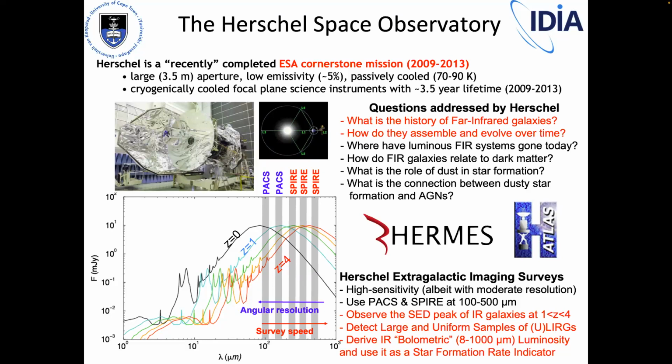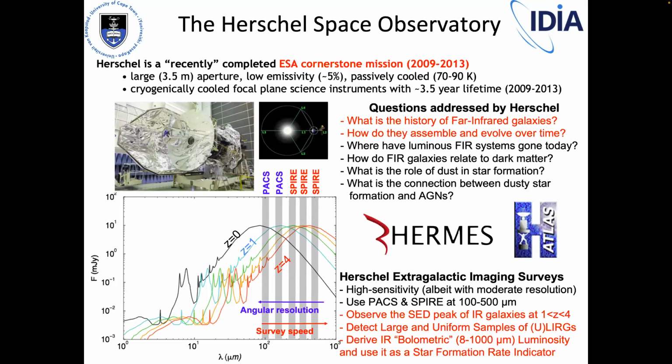Herschel was developed to observe at wavelengths between 100 and 500 micron, and was specifically developed to trace the peak of the dust emission, which in the rest frame is at about 100 micron, up to a redshift of 4 or so. In so doing, it provided lots of auxiliary data for all sorts of purposes.